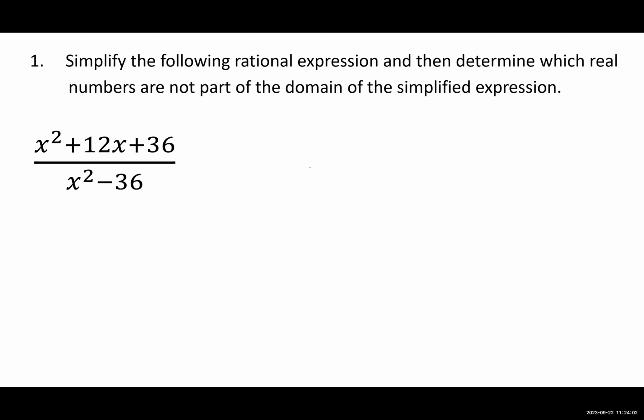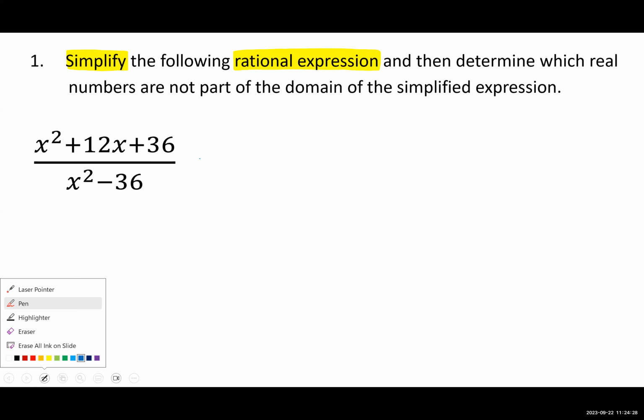So if the problem is to simplify the rational expression, and then we want to determine which real numbers are not part of the domain of the simplified expression, we'll get to that second. But to simplify, we want to factor.